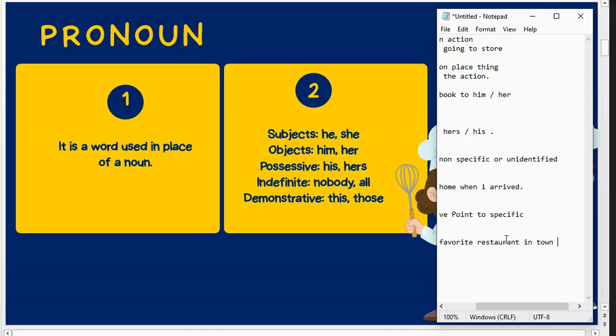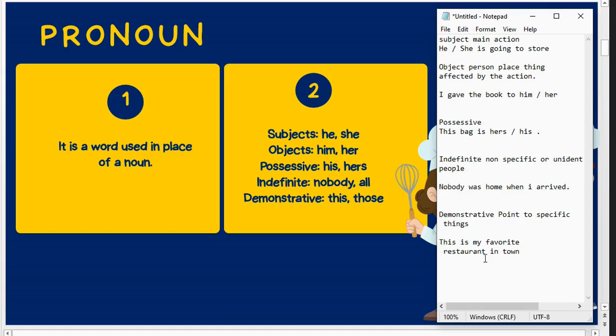We are pointing to specific things: this is my favorite restaurant, this is my car, this is my mobile. So this is known as a demonstrative pronoun.